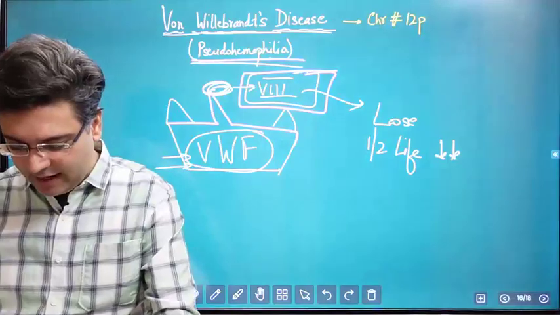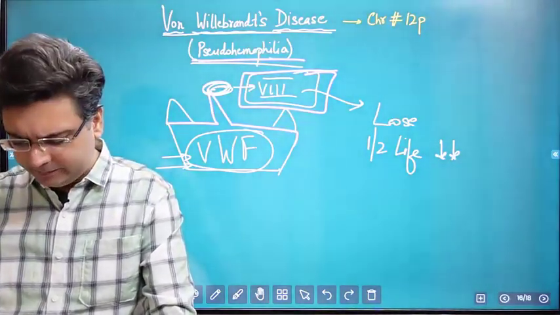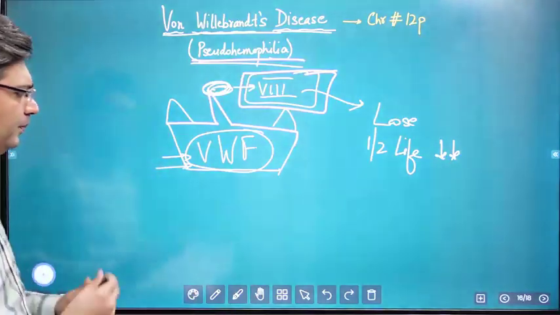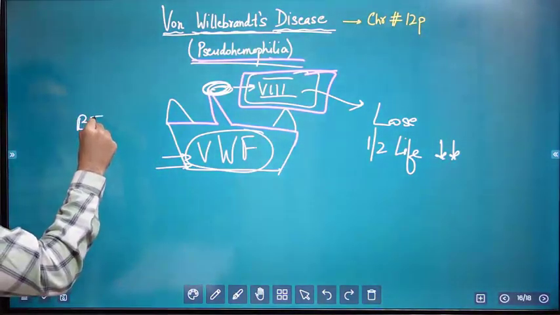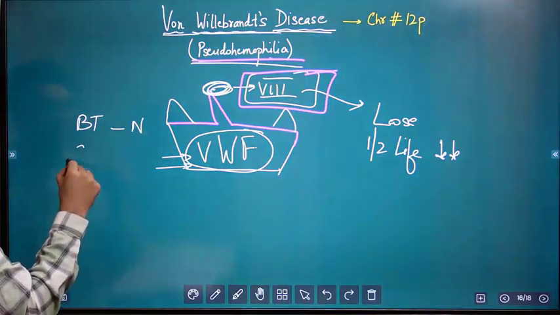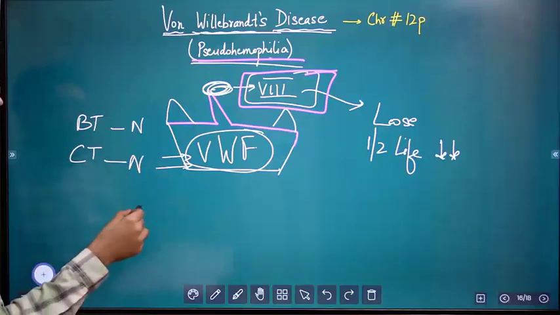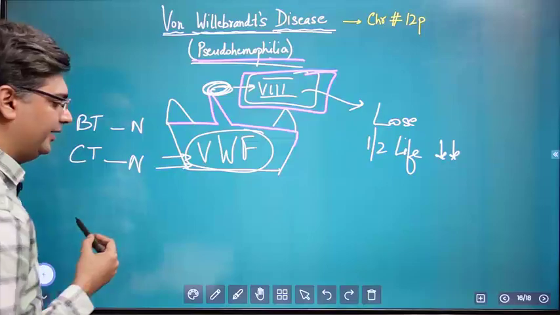Okay, this is how we have the name pseudo hemophilia. What will be present here? If we talk about bleeding time, bleeding time will be normal here. Clotting time would also be normal here, because clotting factors are indirectly affected.